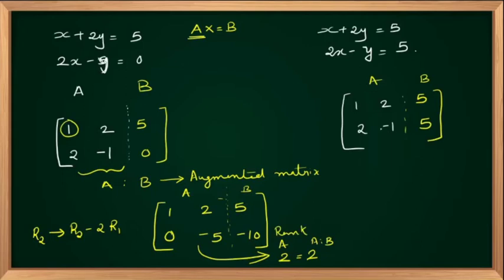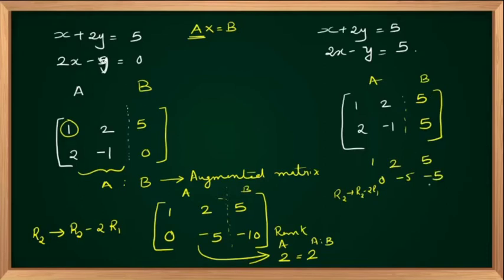Here I have 1, 2, 5, and R2 changes to R2 minus 2 times R1. So that will be 0 here, minus 5 here, and 5 minus 10 will be minus 5 here, right?